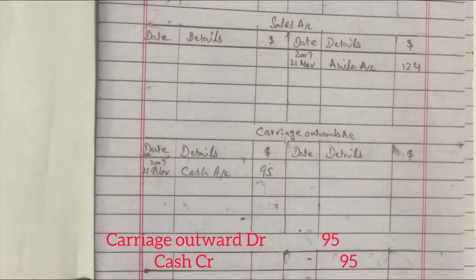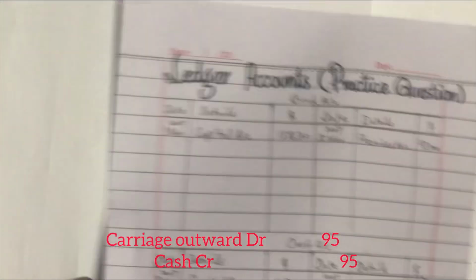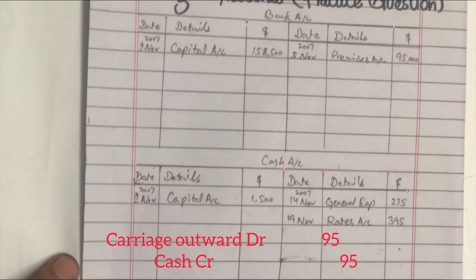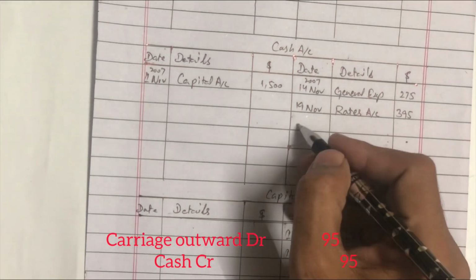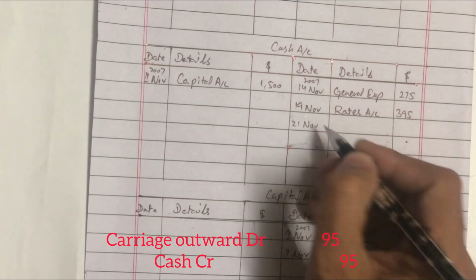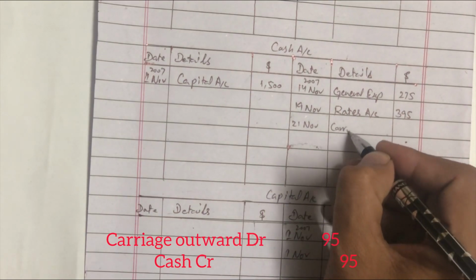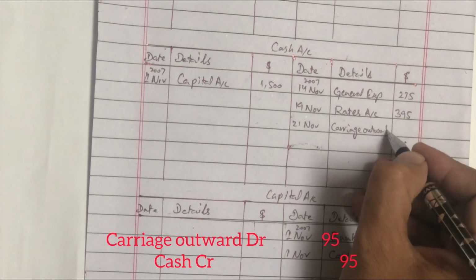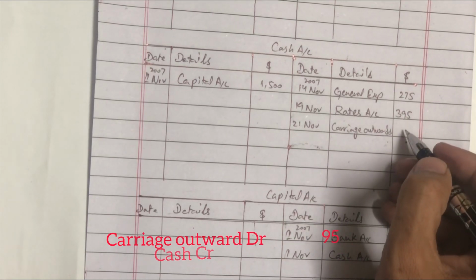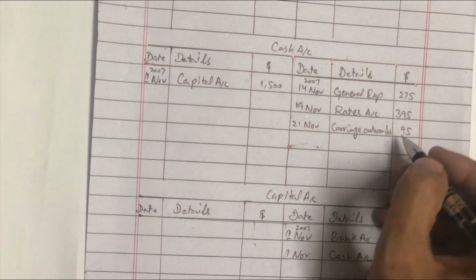Now this entry we need to record in the cash account as well, so I'll move back to the cash account. Here it is. So record this on the credit side on 21st of November because of carriage outwards, and the amount was 95.